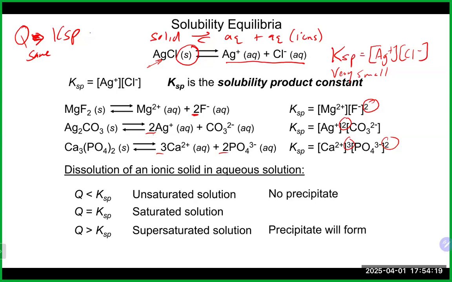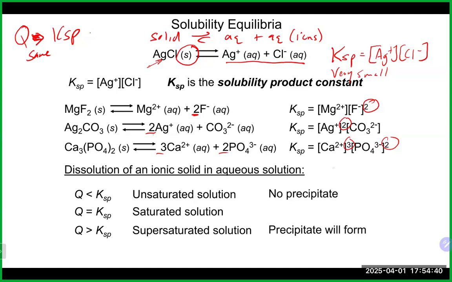That will give you the next thing on that table, which is if you calculate Q and it's greater than the KSP, you will have a supersaturated solution, which means that solid is not going to stay dissolved. It's going to come out of solution, and you would expect a precipitate to form.